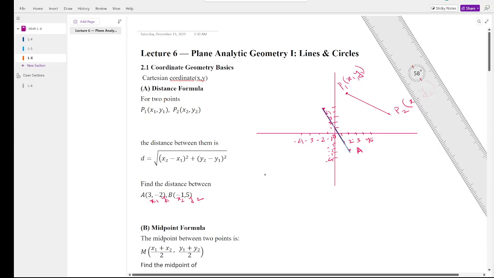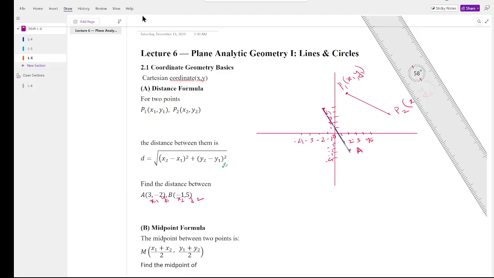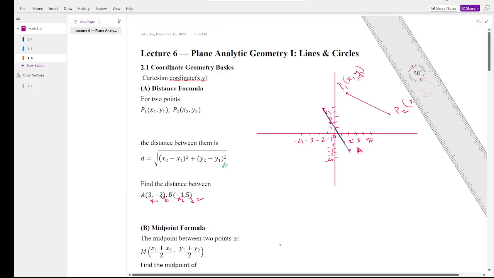So we know the equation for two points: d equal to the square root of (x2 minus x1) whole square plus (y2 minus y1) whole square.